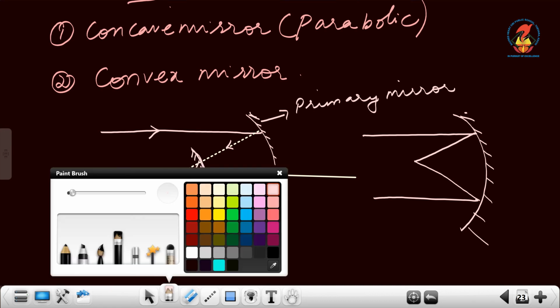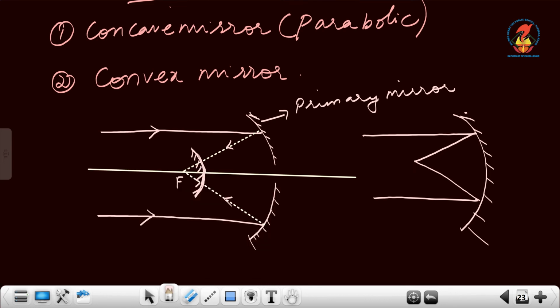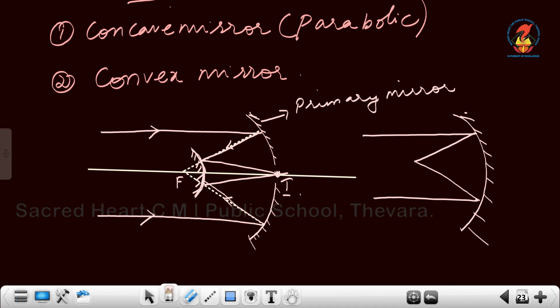So what happens is that the ray of light, after being incident on the concave surface, gets reflected and hits the convex mirror, from where it gets reflected again and meets at a point which is somewhere here, and here we can obtain the image of the distant object, and using an eyepiece you can view the object. I hope this is clear to you.